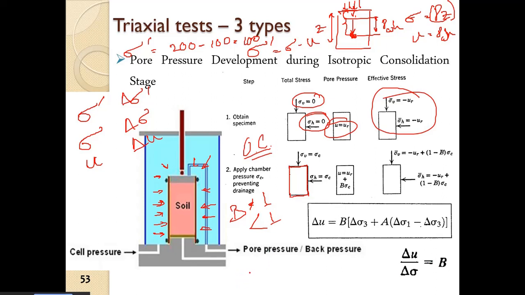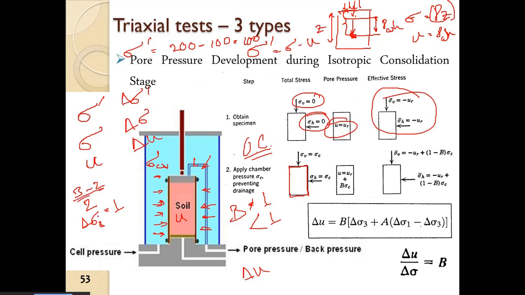So delta U means we have a pore water pressure here. We have a cell pressure sigma C. Suppose sigma C is 2 kPa, then we increase it to 3 kPa. So delta sigma C at this stage is 1 kPa, that is, the final sigma C of 3 kPa minus the initial one.